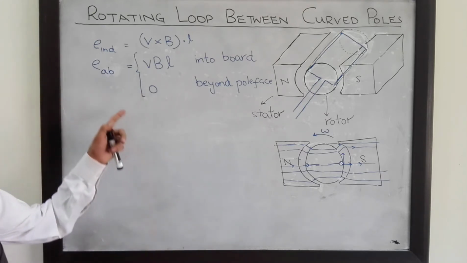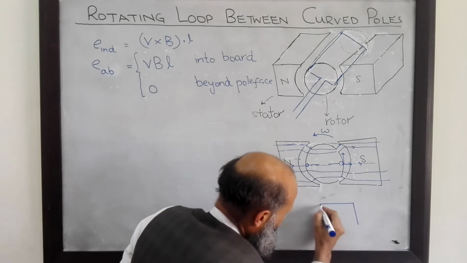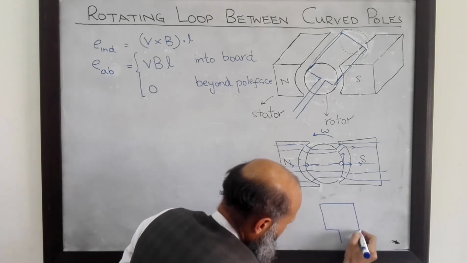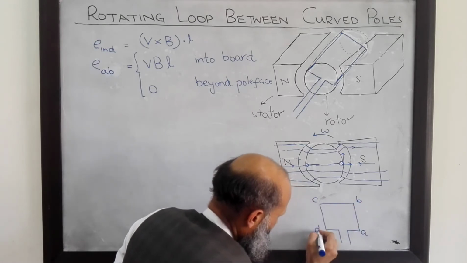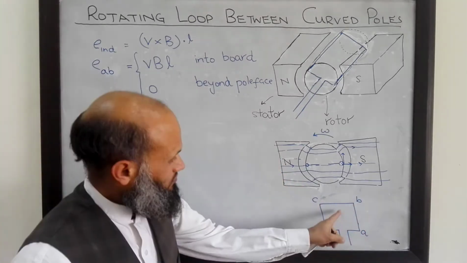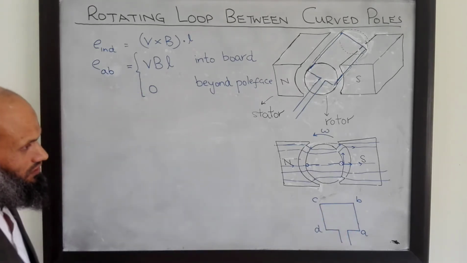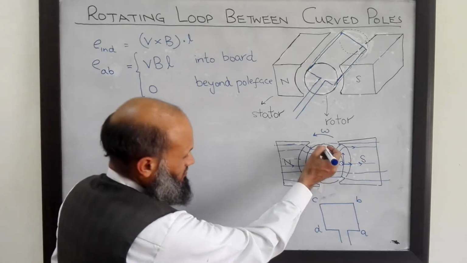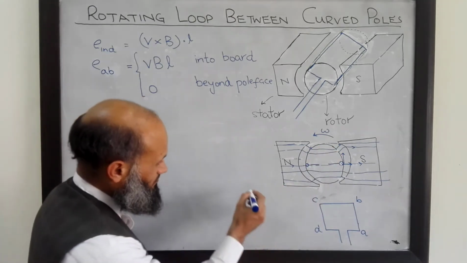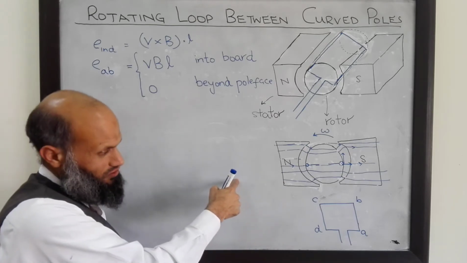Now let's talk about the voltage induced in the second segment, that is segment BC. What is the voltage induced in segment BC of the coil? So let's see the direction. Again, for this conductor V cross B is into the surface of the board.